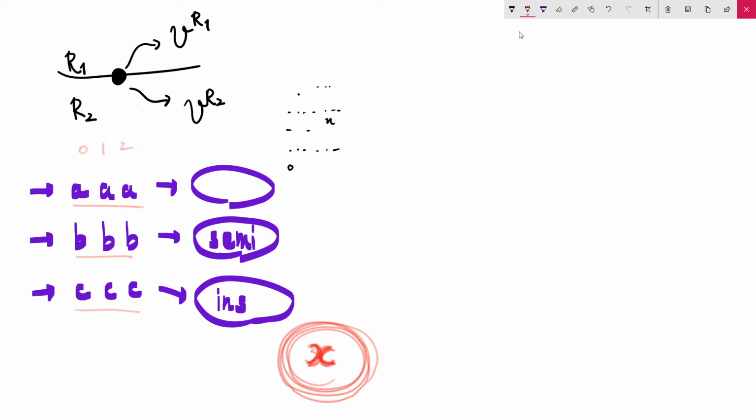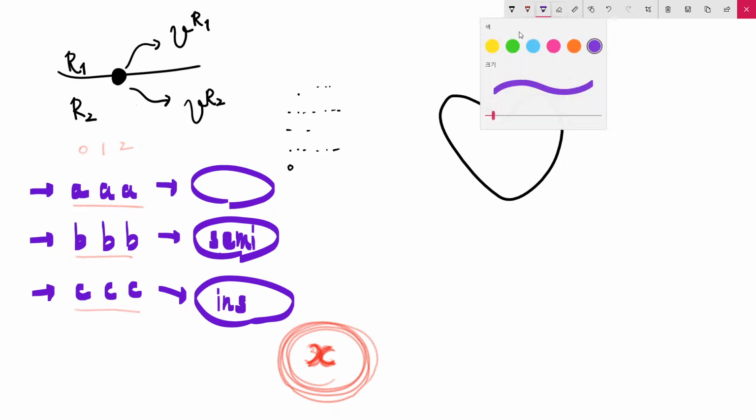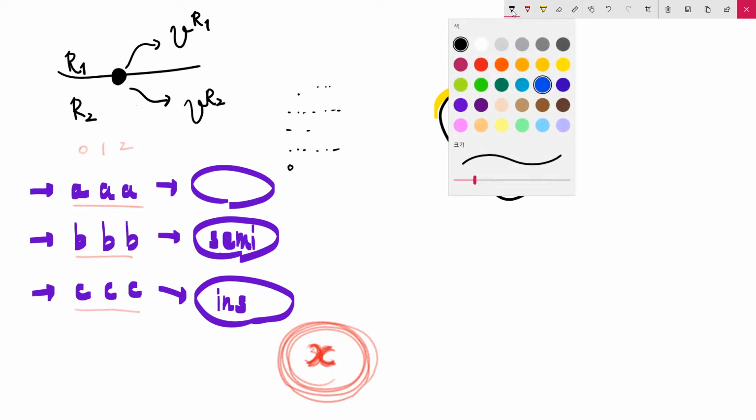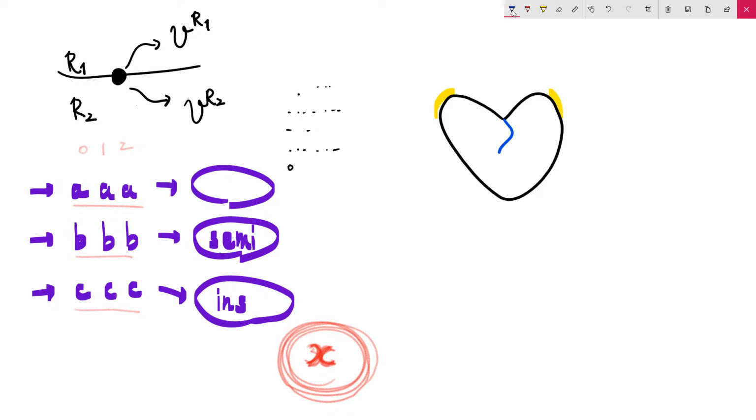For example, let's say some of you have made this kind of a shape. Then you have introduced, for example, a certain terminal, and internally you have divided it this way.